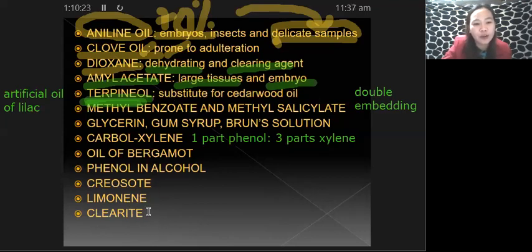And we also have your clearite, which, if you look at the structure, is made up of a long chain of aliphatic hydrocarbons. So those are the different clearing agents which may also be utilized for this step in tissue processing.